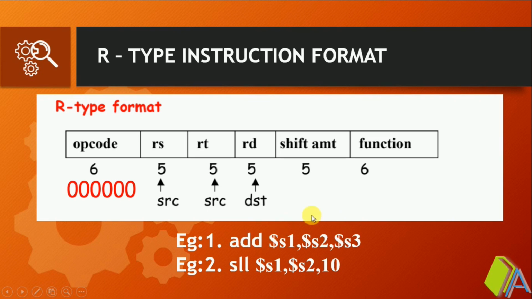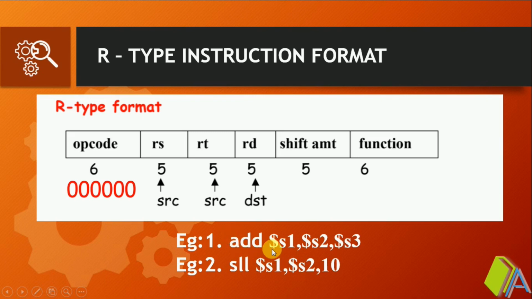So I am going to do the operation only with respect to registers. In this sll, S2 is my source register and S1 is the destination register. I am going to shift the content inside the S2 register left logically by 10 bits. Again, the operation is only with respect to registers.